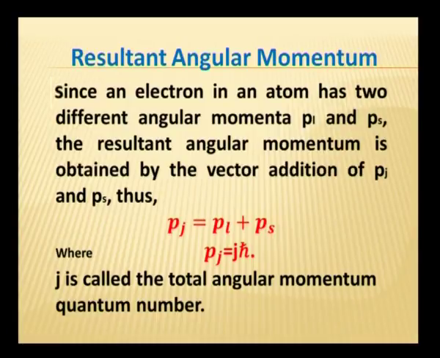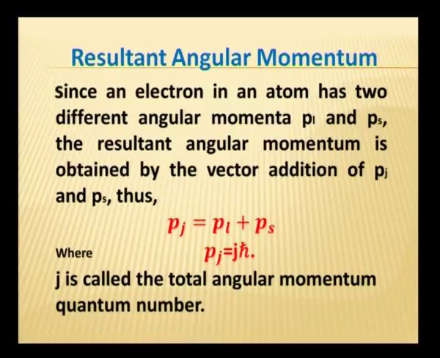J is the resultant of L and S. L is the orbital momentum quantum number, S is the spin quantum number, PL is the magnitude of the orbital angular momentum, PS is the magnitude of the spin angular momentum. The resultant of these two is Pj. So, j is the resultant angular momentum quantum number, and Pj is the resultant angular momentum.